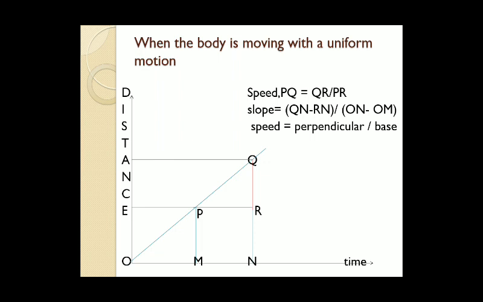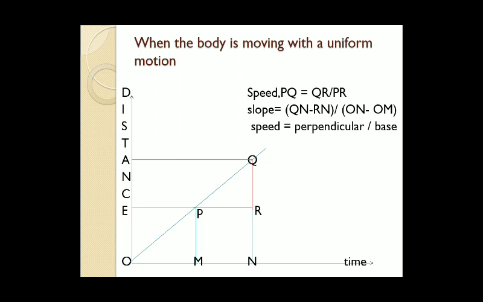Again in this graph, distance on the y-axis, time on the x-axis, and the blue line OPQ represents a straight line, but inclined, not parallel to the x-axis nor parallel to the y-axis.